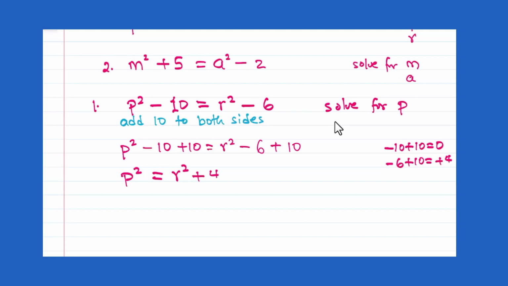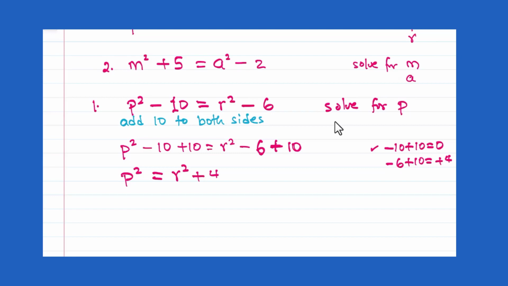So when we have minus 10 plus 10, everything will be 0. And then we also add 10 to the right hand side, which will be minus 6 plus 10, as you can see here. So now minus 10 plus 10 equals 0. Please, you can watch the signed integers video to understand everything about signed integers that we cover for all the number operations.